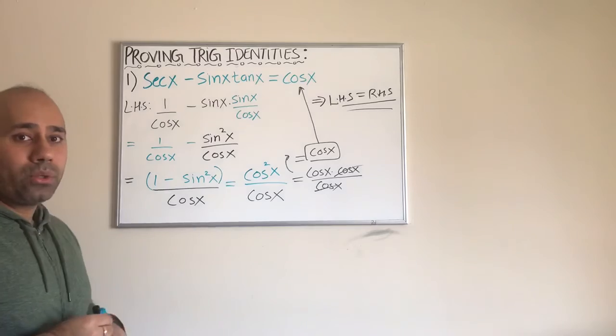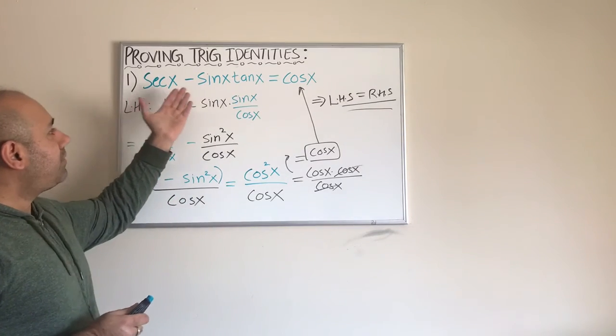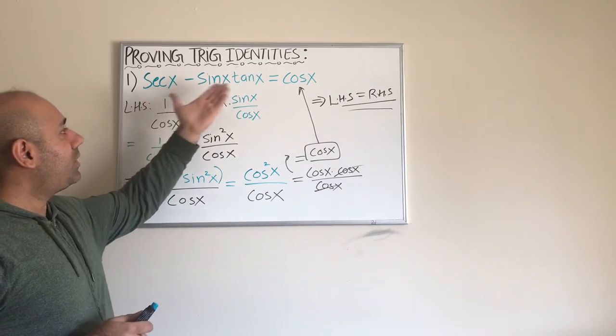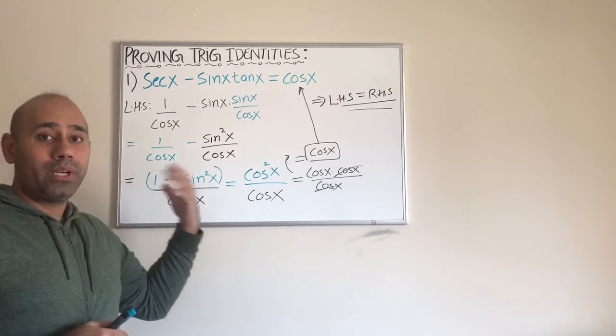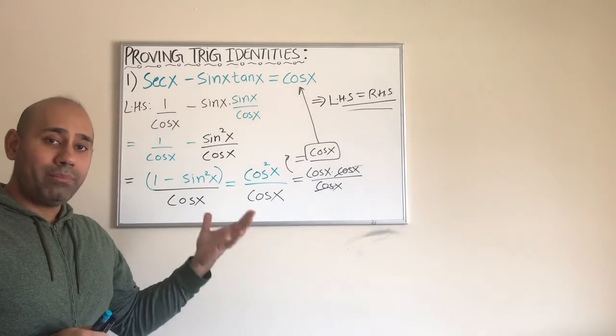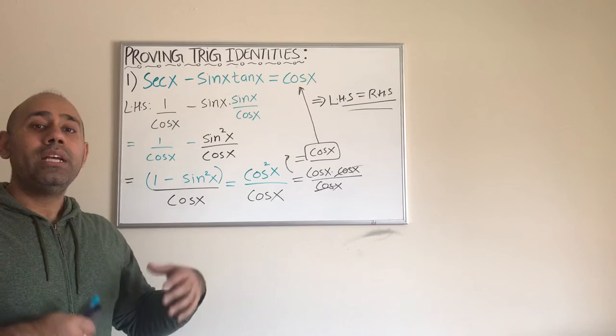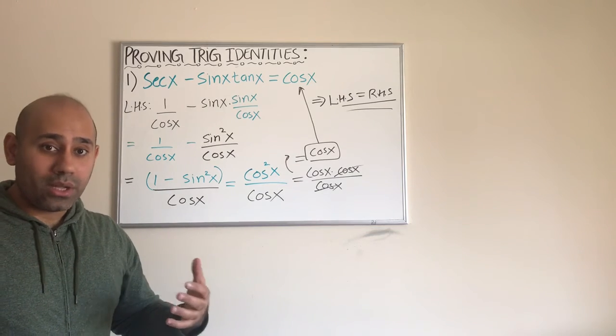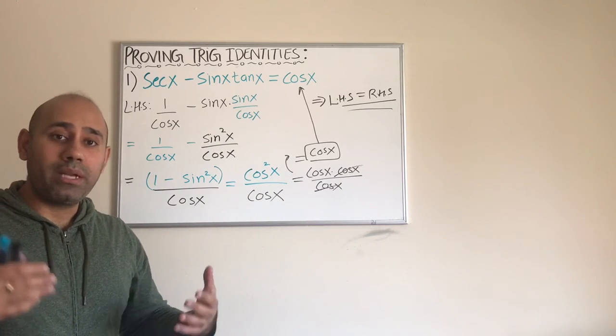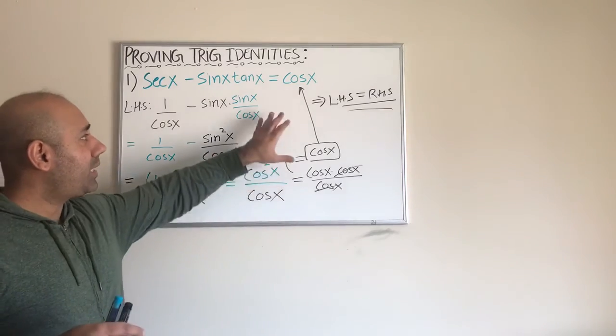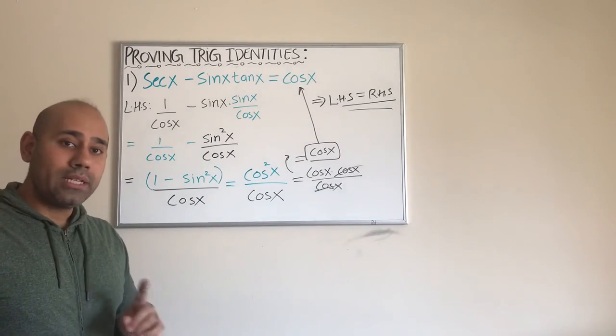Right? That was the goal. We wanted to prove or verify this identity, that this equals that, and we were able to do it just by working with the left hand side, simplifying, using the identities, using the algebraic techniques, the concepts, the things that we have learned in algebra and pre-calc, and finally we were able to get it equal to the right hand side. That is, guys, number 1.